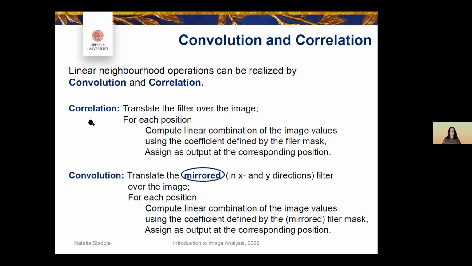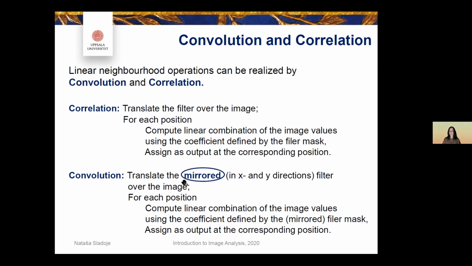So the only difference between correlation and convolution, when it comes to how to compute them, is what we do with the filter. Either we use the filter as given, or before applying it we mirror it in X and Y direction. Considering that for symmetric filters, their mirrored versions will be exactly the same as their original versions, we may say that in a number of cases we were also performing convolution.